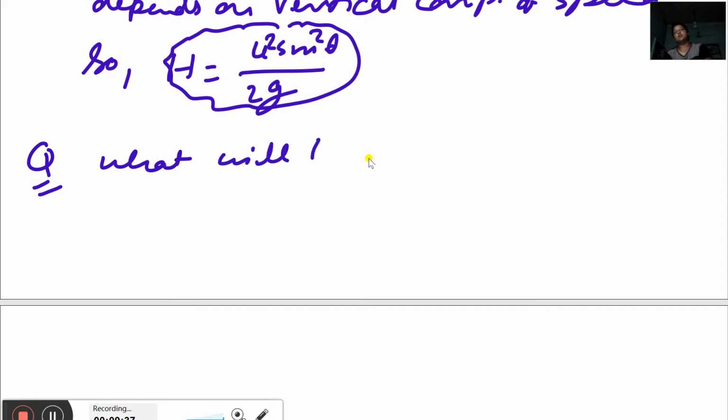What will be the effect on the greatest horizontal displacement or range?